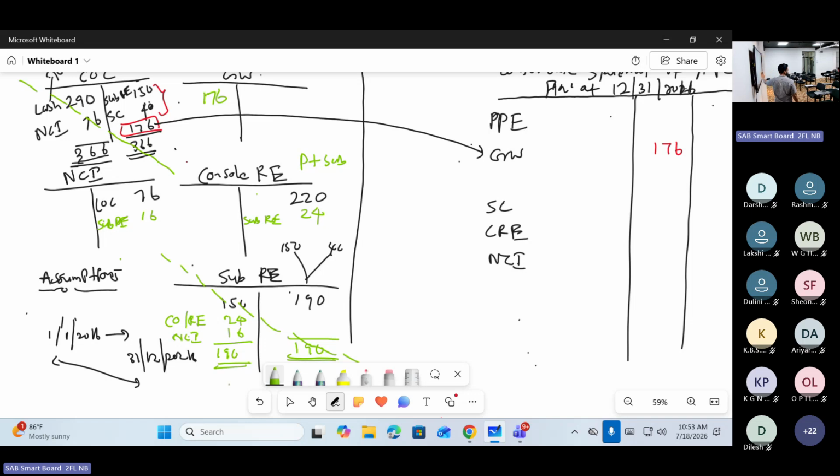We complete this account, balance transferred to two accounts. Right? We are not getting anything from the subsidiary retained earnings account to the balance sheet.